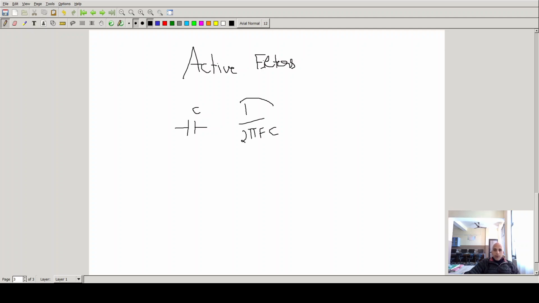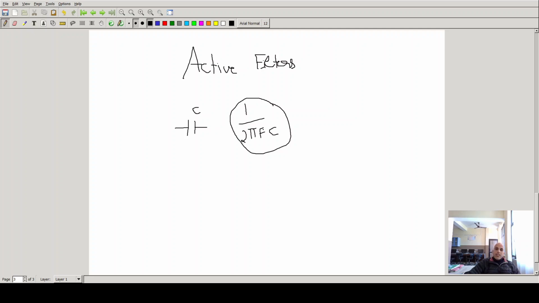So you can see from this expression, this is the capacitive reactance. Capacitive reactance means the opposition offered to the flow of alternating current or alternating signal through this capacitor.